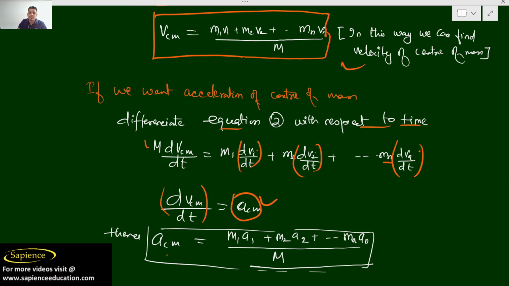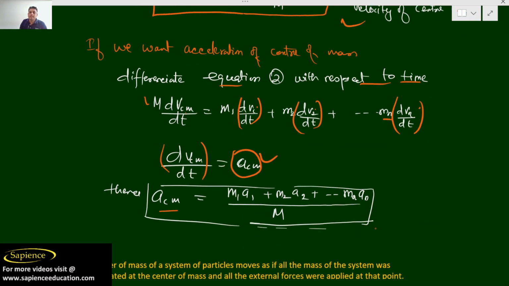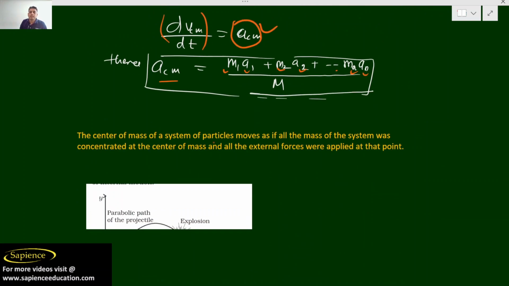Finally we get the acceleration of the center of mass, similar to the above equation: M1 A1 plus M2 A2 dot Mn An divided by M. So in this way we have got the acceleration of the center of mass.